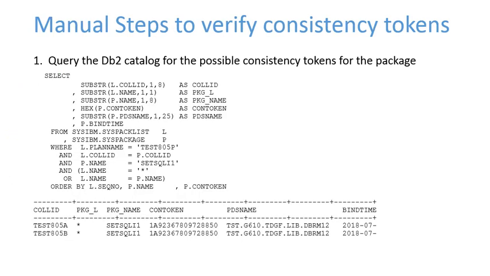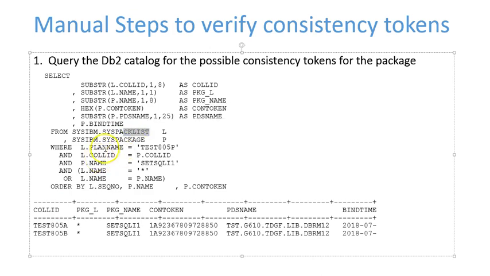Manual steps to verify the consistency token. First step would be to query the DB2 catalog. Here we have an inner join of SYSPACKLIST to SYSPACKAGE. We know the name of the plan and the collection name in SYSPACKLIST. The plan name is TEST805P as we saw in the message. We know the collection ID in the list has to be equal to the collection ID in the package.